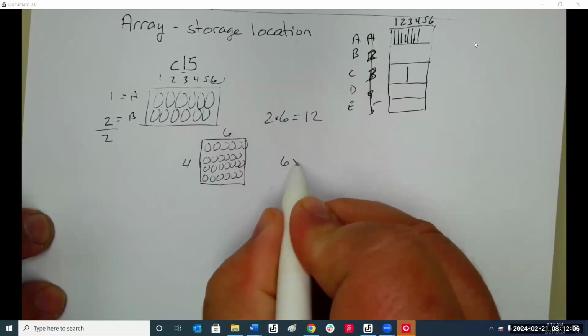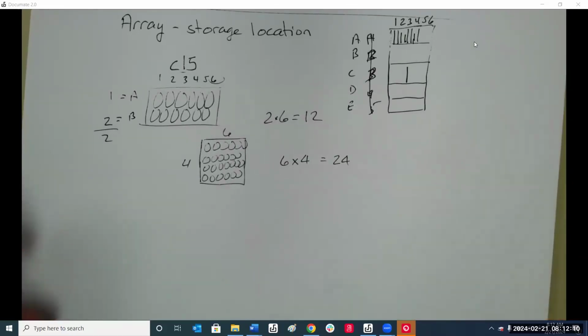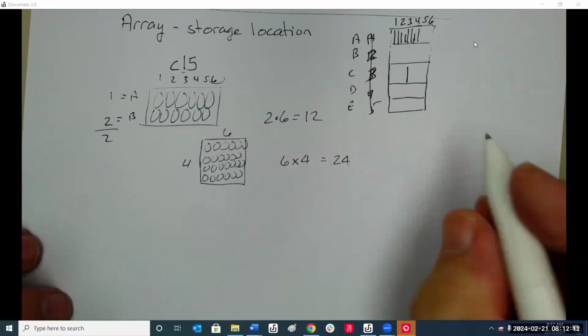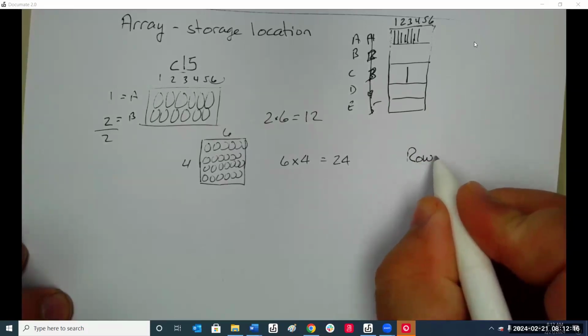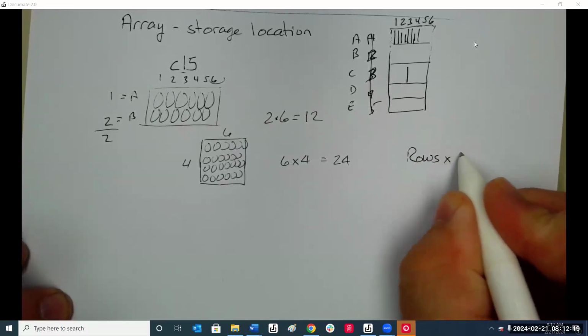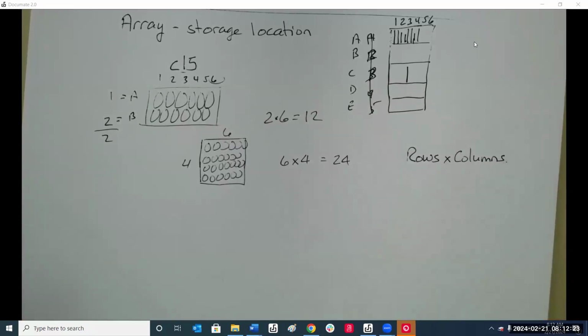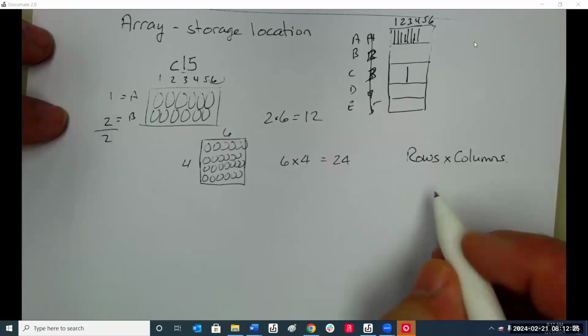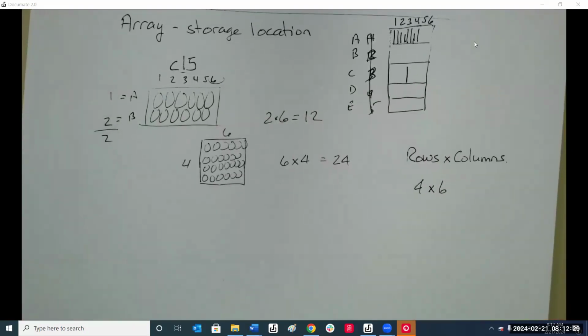So 6 times 4 is 24. Whenever you have an array, it's always the number of rows times the number of columns. So when I'm saying a 4 by 6 matrix or an array, then we know we have 4 rows, 6 columns.